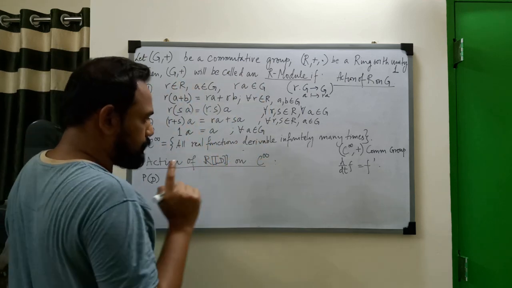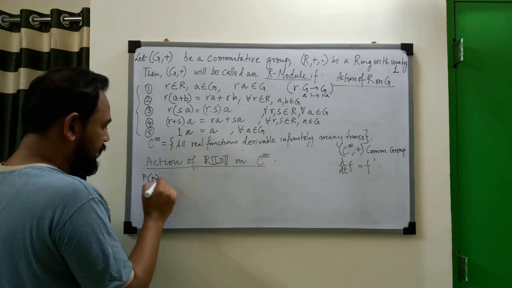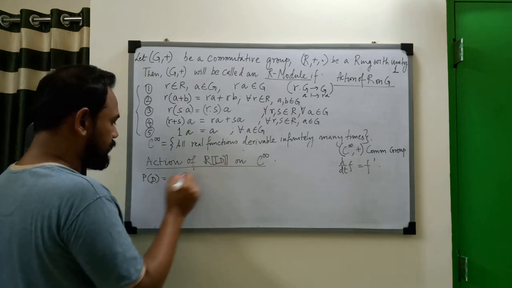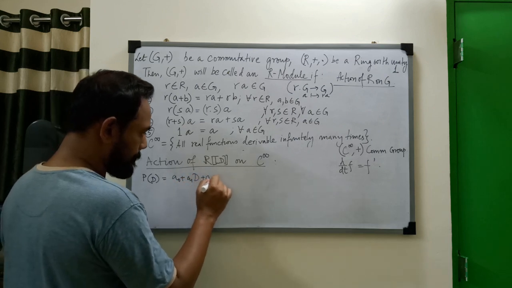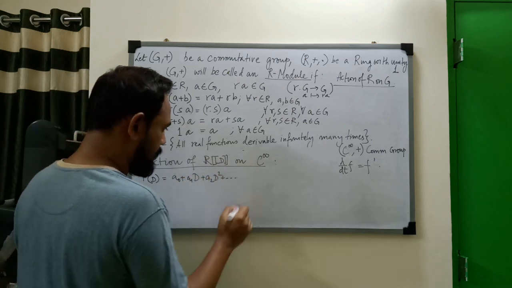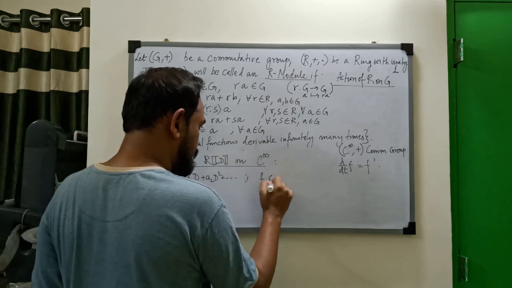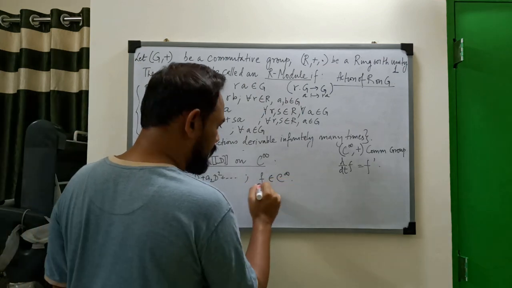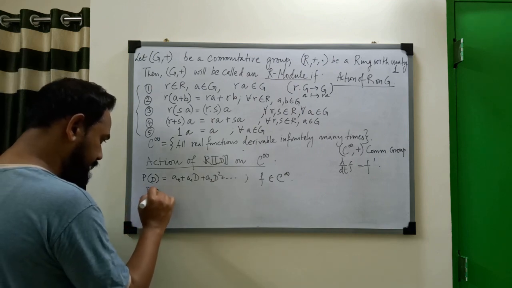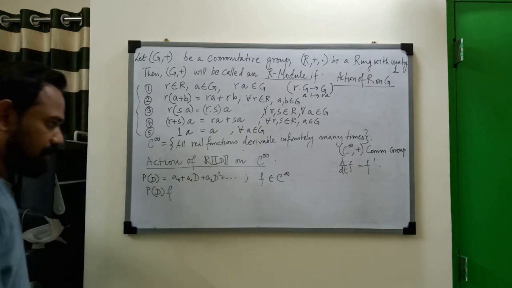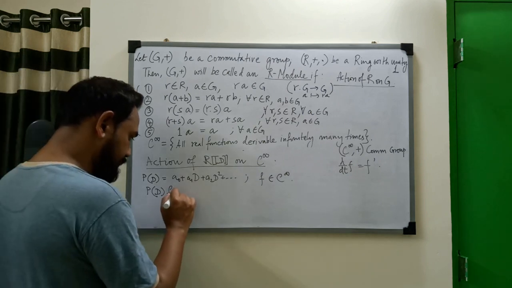An element of C infinity will be a function. So let's take an element from RD, the ring, which of course looks like this. And I'm going to take an element from C infinity. It's a function, differentiable infinitely many times. I'm going to define PD action of it on F as this.